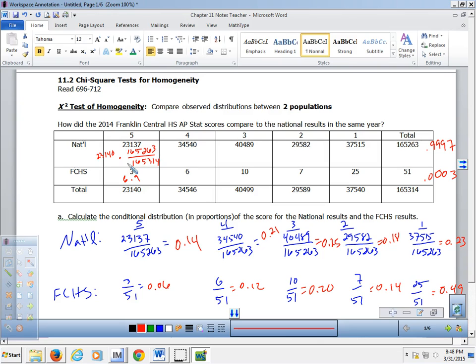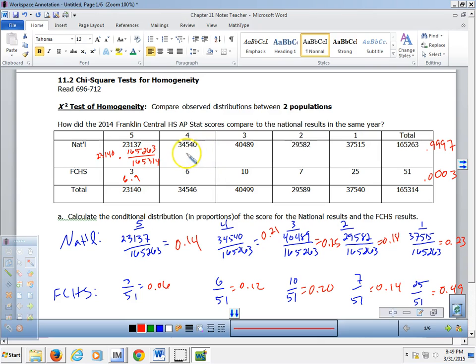Well, all we've done here is we've taken the row total times the column total and divided it by the total in the entire table. And we can apply this to every cell in the table.